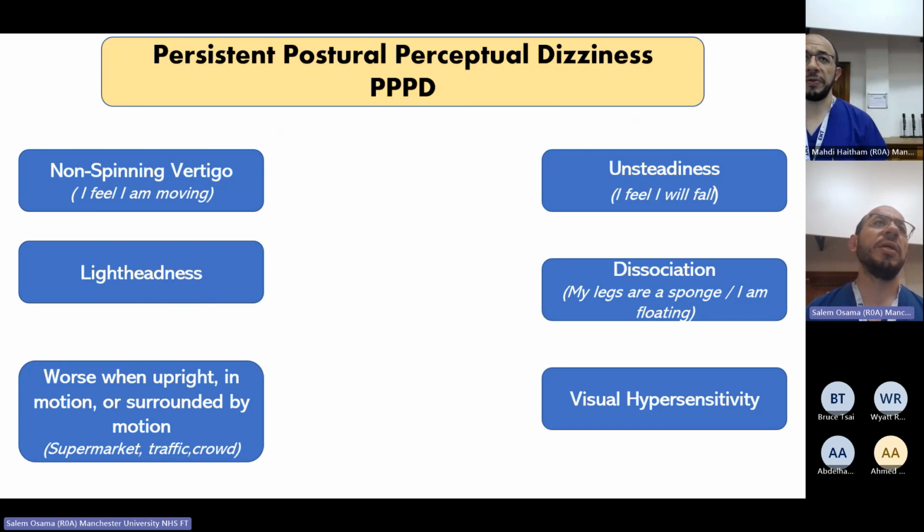It's not a vertigo, it's not a spinning vertigo, and they are feeling tired most of the time, lightheaded, feeling that they couldn't stand on their feet, they couldn't deal with any visual stimulus. They are feeling so tired, and even when they go into any crowded area, the dizziness gets worse. So it's continuous most of the time, and most of them are unsteady, unstable.